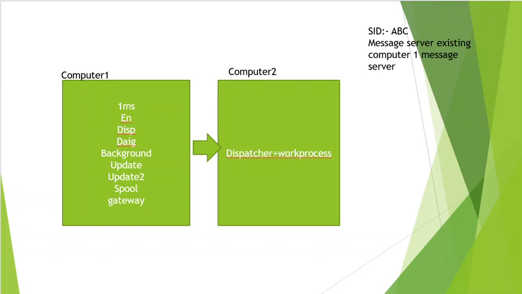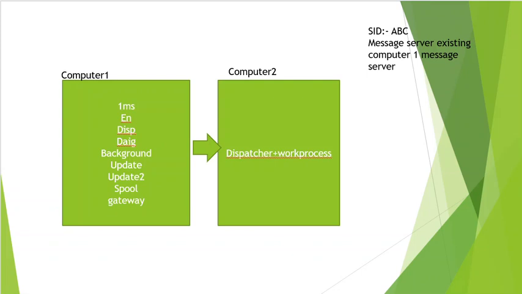Now, on computer 1, you are installing the SAP system. Since you are installing this computer 1 as primary, we call it the primary application server. On computer 2, you will be installing the SAP system as an additional application server. So here we seem to have two different SAP systems and two different computers.